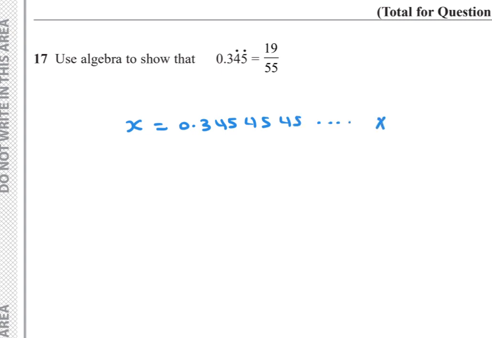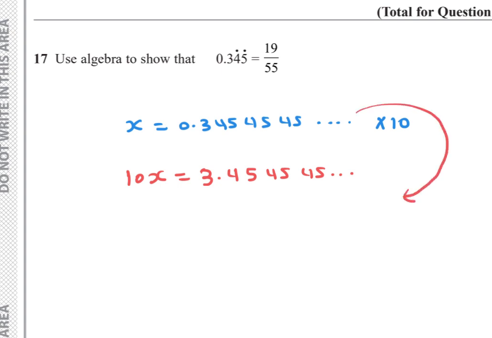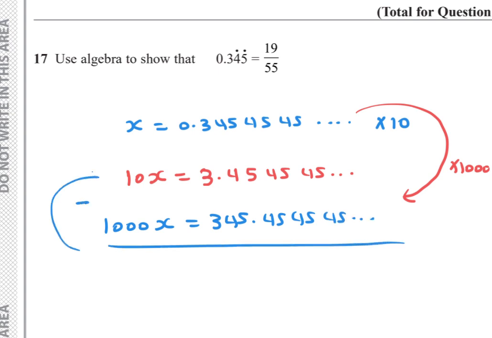First multiply x by 10, so you are left with 10x equals 3.454545 and so on. And if we multiply by 1000, we have 1000x equals 345.4545 and so on.